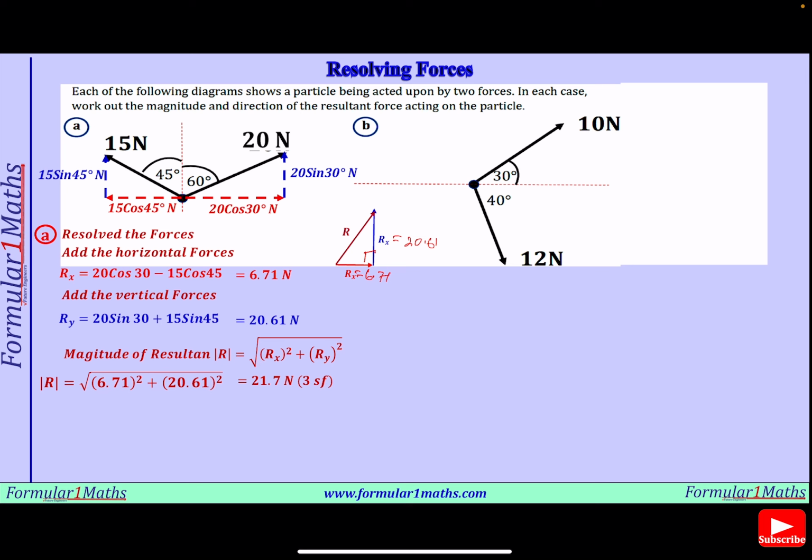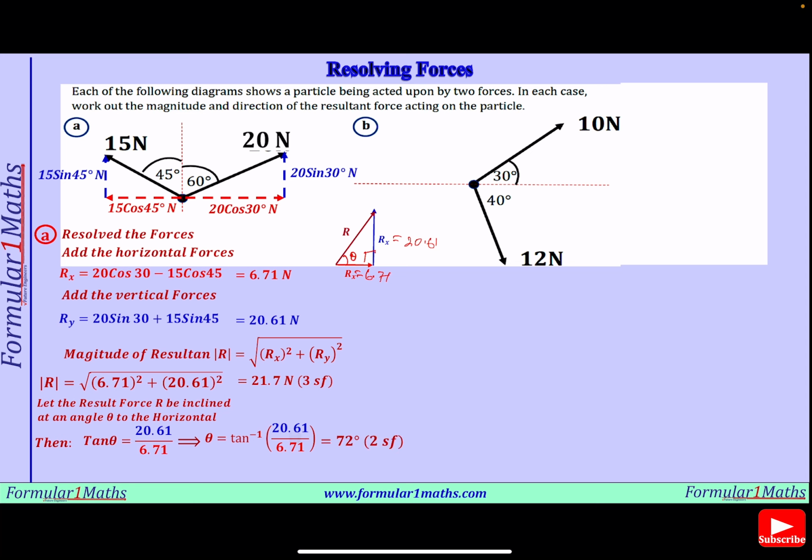For the direction, we calculate this angle here. So we're going to use trigonometry to get tan theta equals to 20.61 over 6.71. That implies that theta is equal to tan inverse of all that.